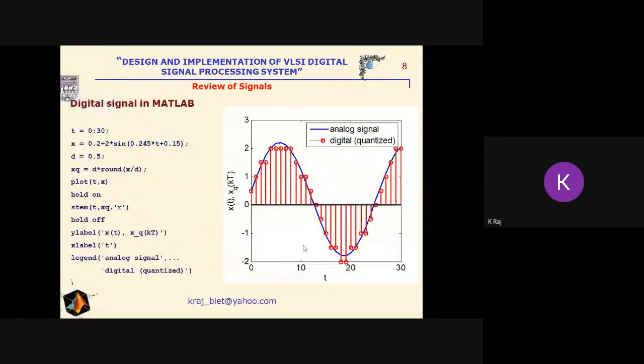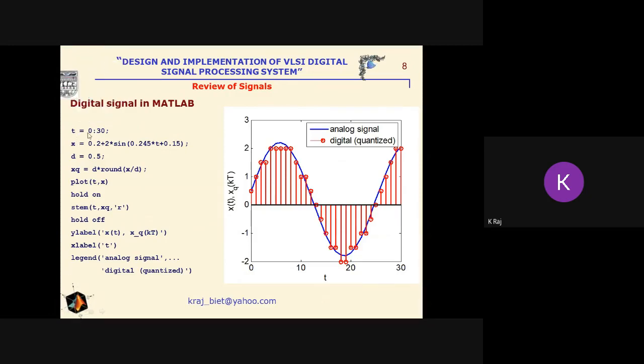Now, if we are interested in representing a continuous signal and, at the same time, the corresponding quantized signal, then how can this be represented using the MATLAB code? For that purpose, we will generate a sinusoidal signal.